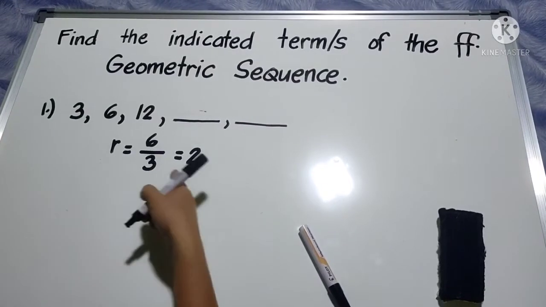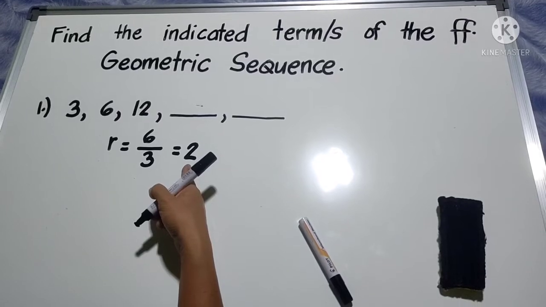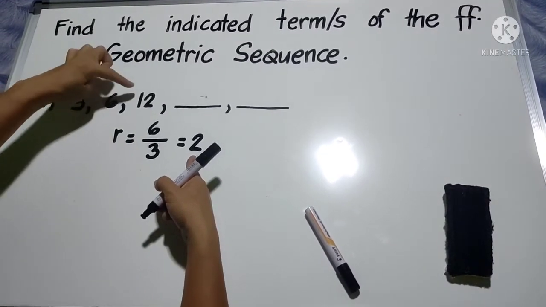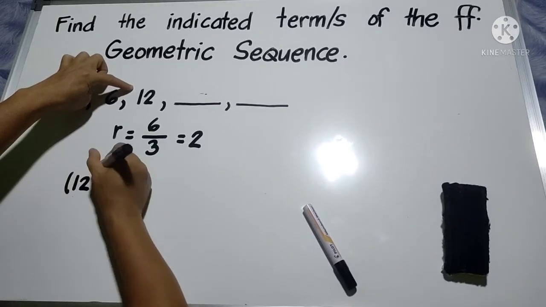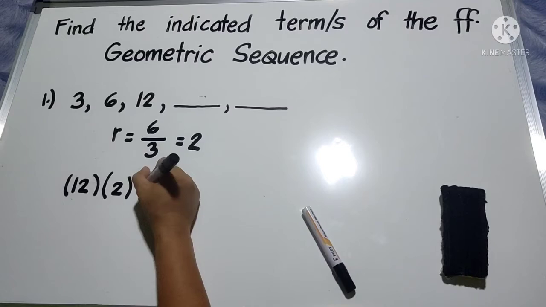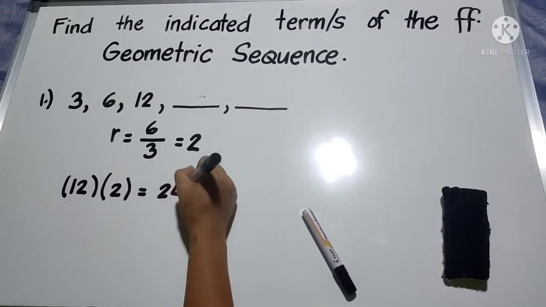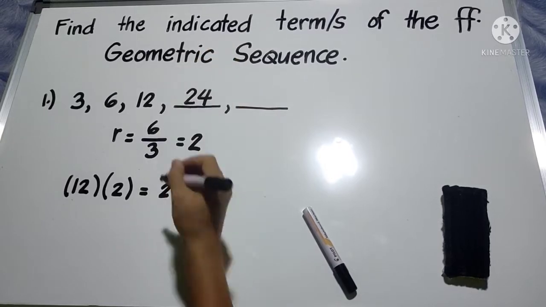As soon as you have the common ratio, you multiply the common ratio to the last known term, which is 12. So you will have 12, multiply it by your common ratio 2, and that will give you 24. So that is what you're going to write on the blank.